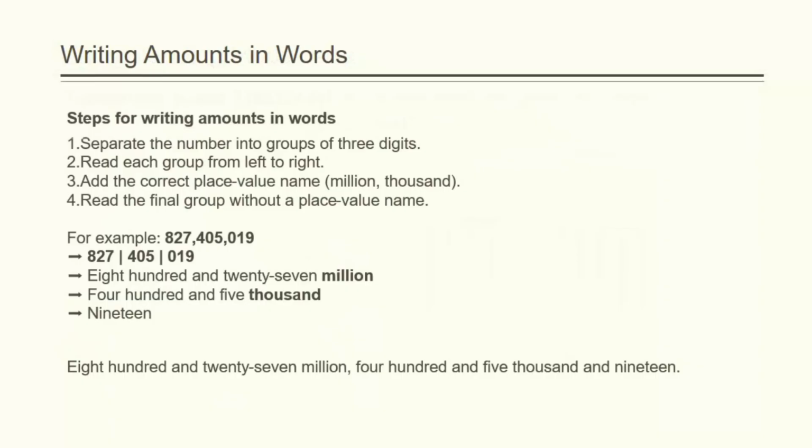Let's read it together. 827,405,019. So this is very simple when you refer to the place value chart and attach the various place value columns to it.